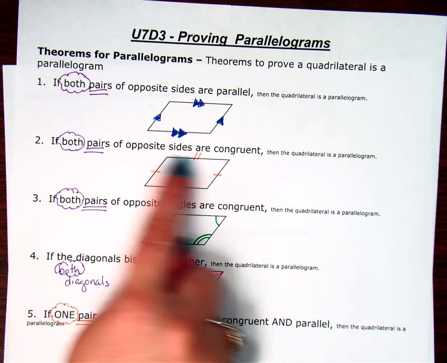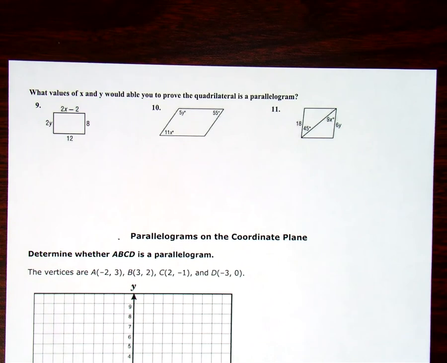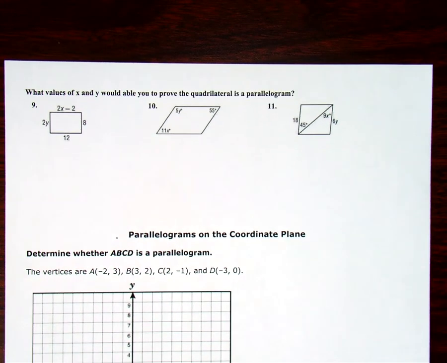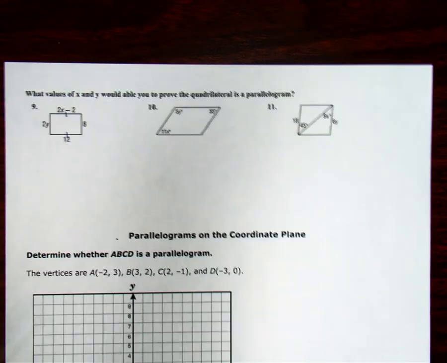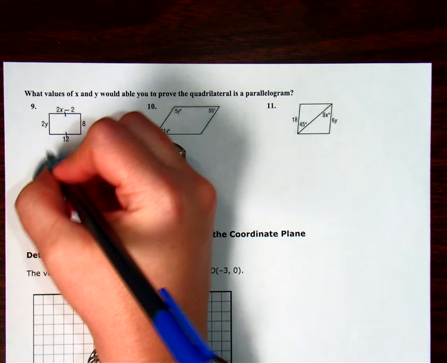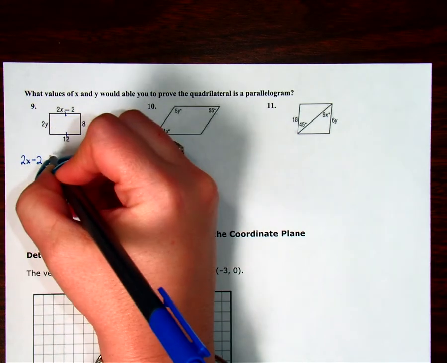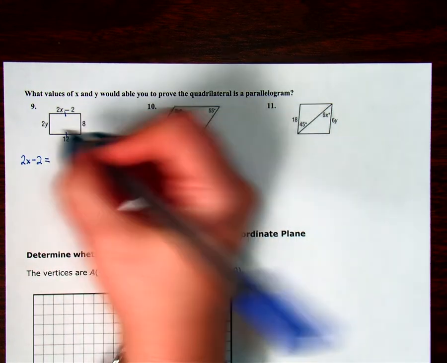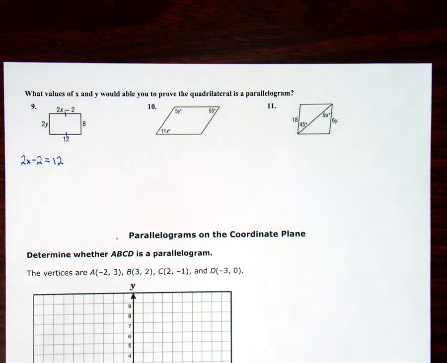I need both pairs of my opposite sides to have the same measure, right? So that's what we're going to do for number 9. I want both pairs of opposite sides to have the same measure. So that means my top and my bottom have to be equal to each other. My 2x minus 2 has to be equal to the opposite side 12.